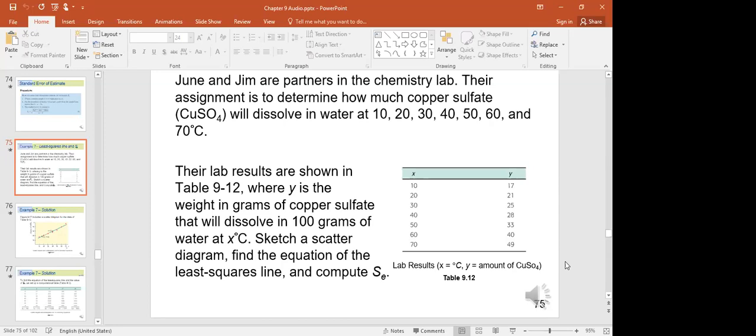Do you have your data in the calculator? Yes, all entered now. All set. Okay, so we go back to start and test, and we scroll down to linear regression t-test.